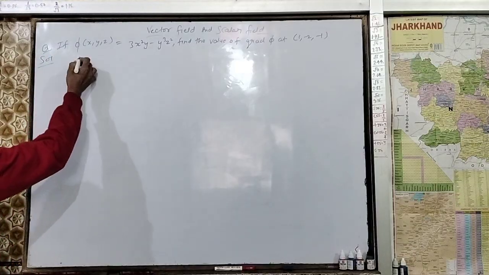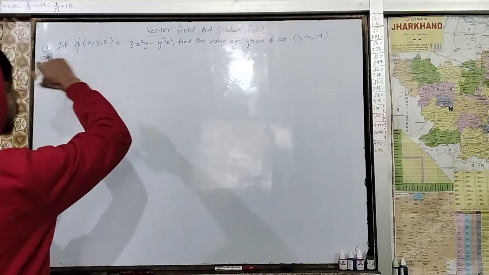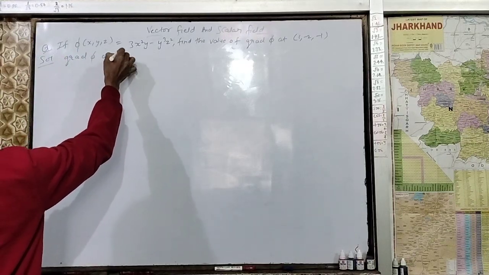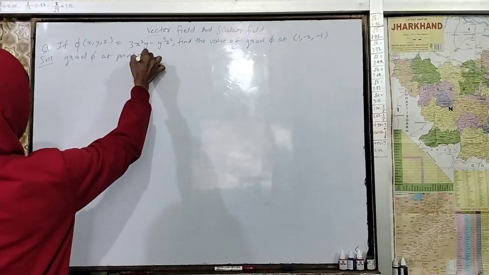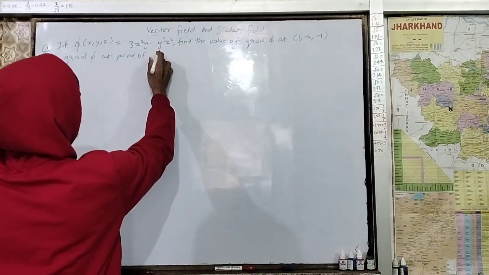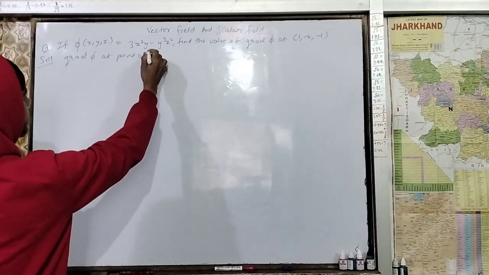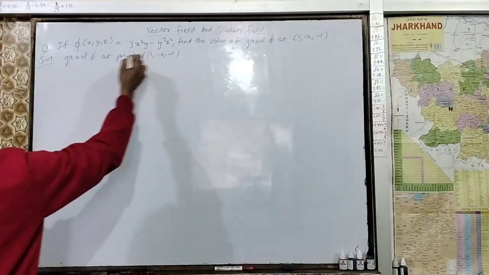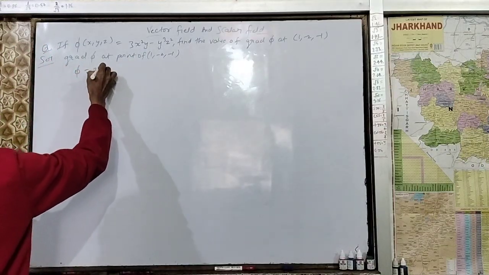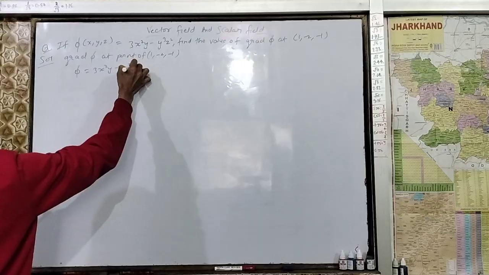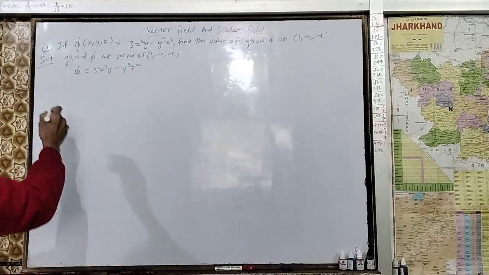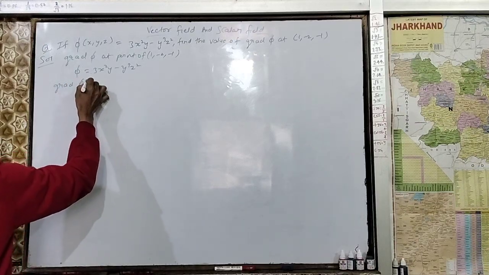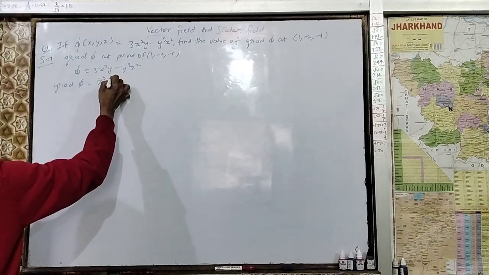Look over here. Grad phi at the point 1 comma minus 2 comma minus 1. Phi is given: 3x square y minus y cube z square. You know that grad phi is equal to the del operator dot phi.